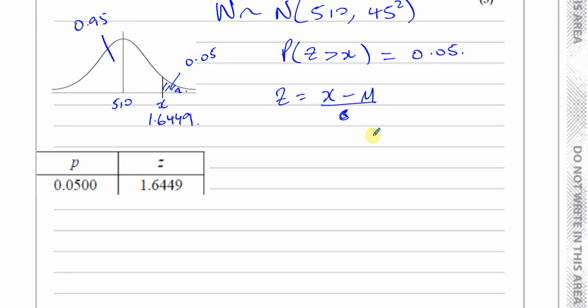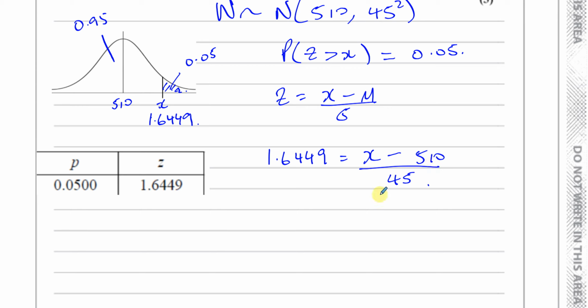Now we want to reverse the standardization and find the actual score for which the value of Z is 1.6449. We want to find the actual weight that's going to be here. So we take away the mean, which is 510, and divide by the standard deviation, which is 45.